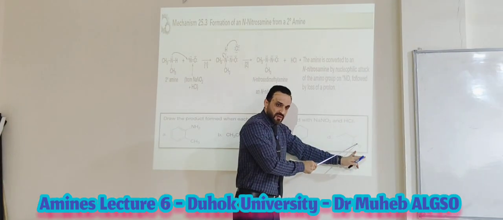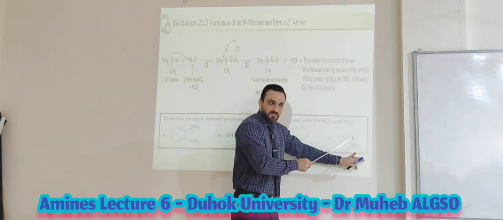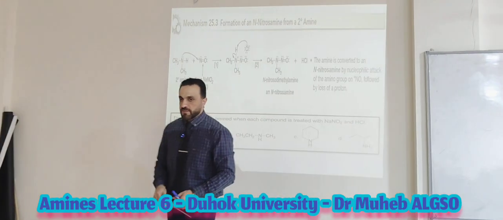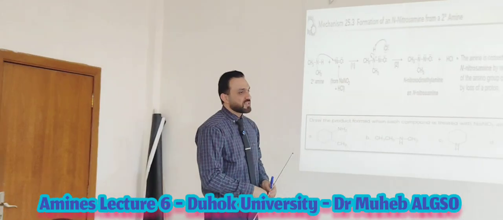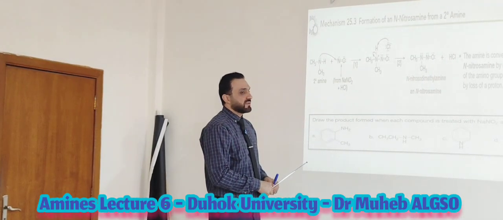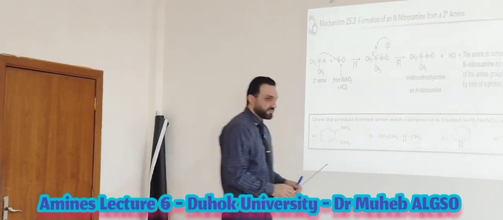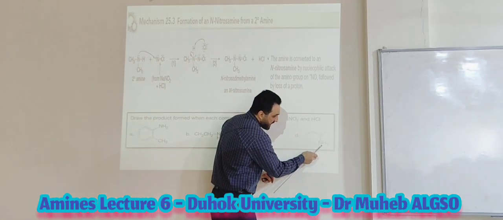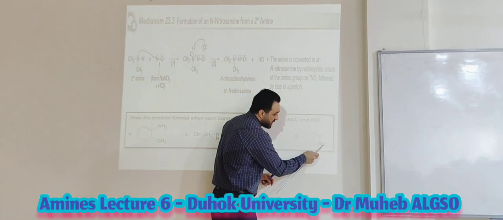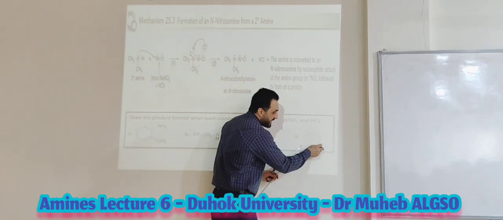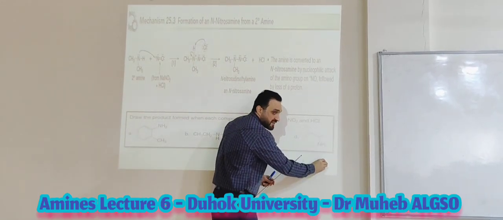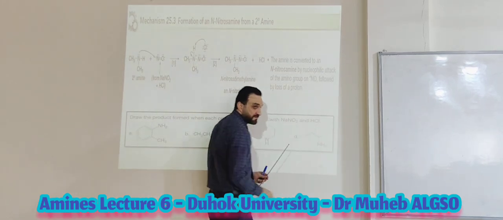What does the primary amine give you? It gives you a diazonium salt, but it will decompose to the carbocation, and give you a secondary carbocation here. This group will be converted to the diazonium salt, the N2Cl, but the N2Cl will leave the structure and give you a carbocation here.